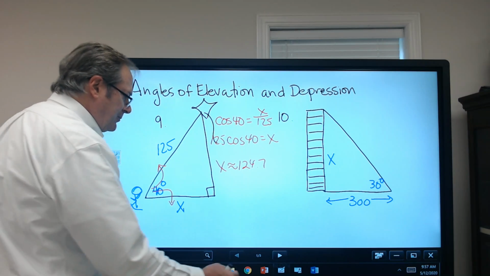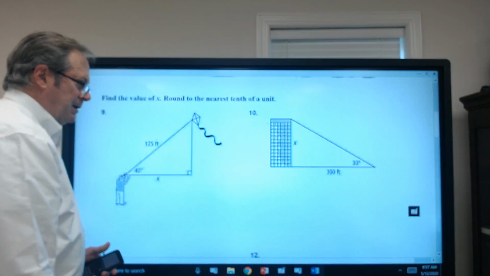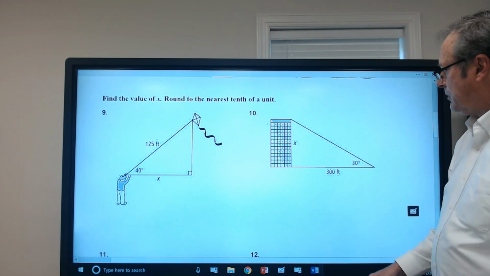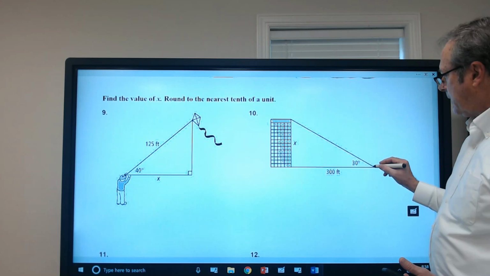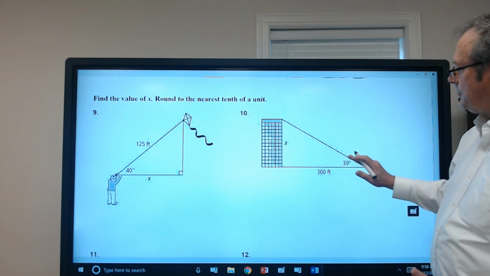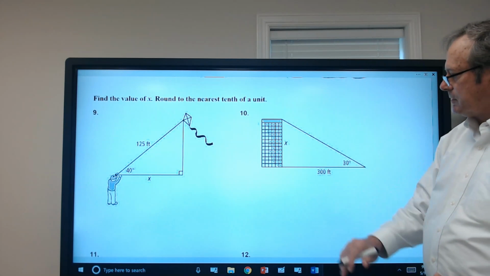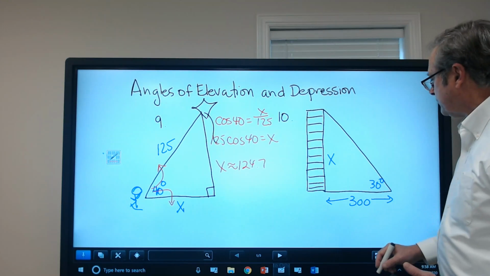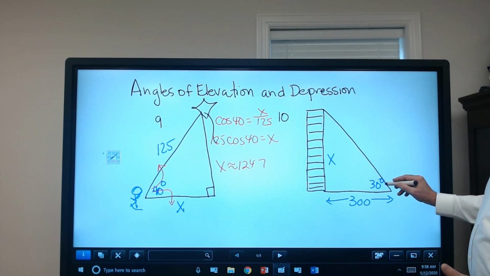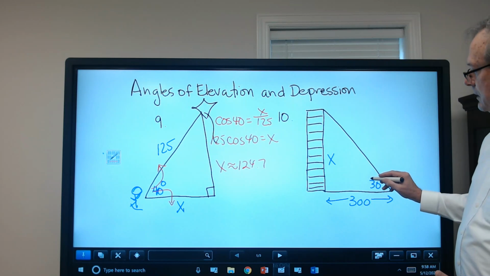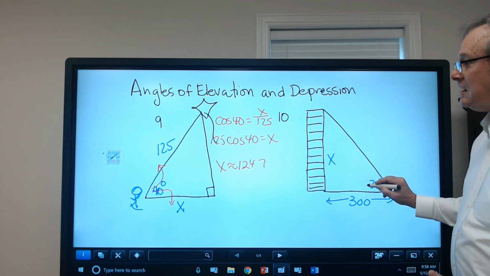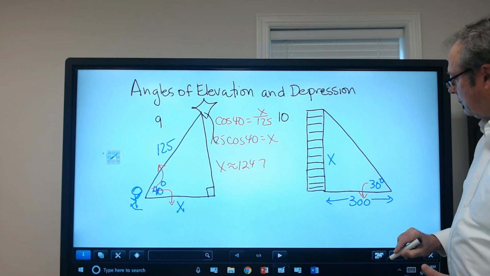Okay, let's go back to the worksheet for a second. Here you've got a building. We're trying to find how high the building is. We're 300 feet away from it, looking up. That's an angle of elevation of 30 degrees. Now, what trig function gives us an opposite and an adjacent side?